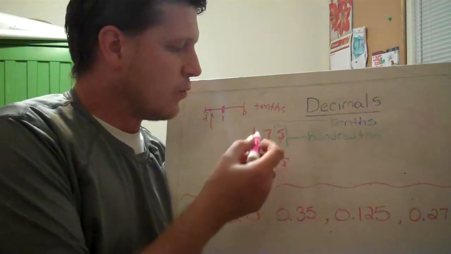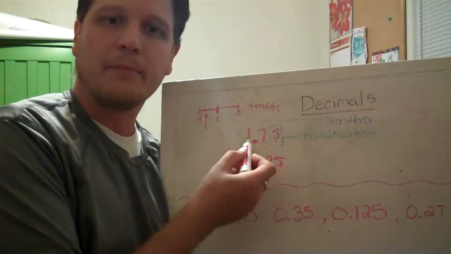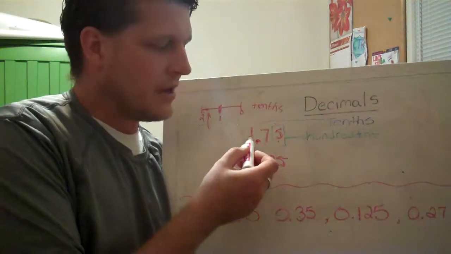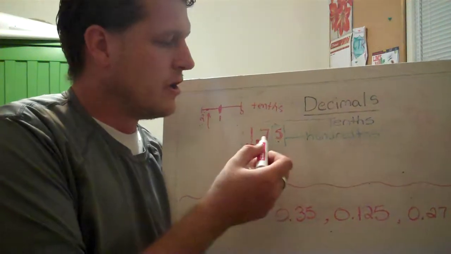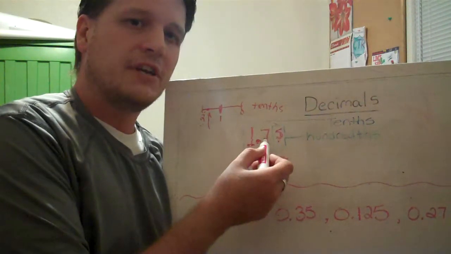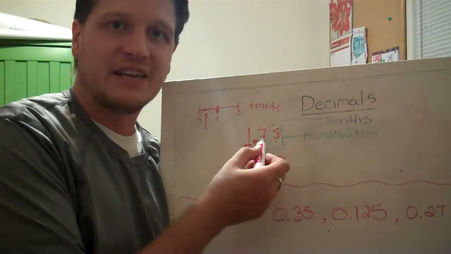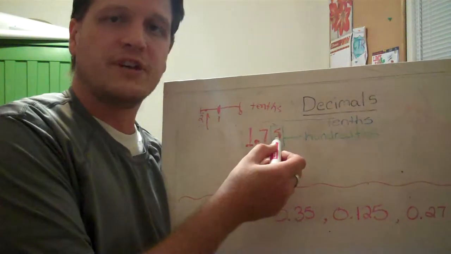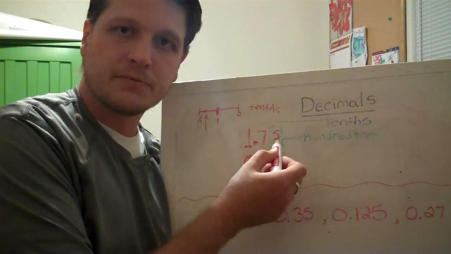Now, the number on the left of the decimal is a 1, and it is in the ones place. When we travel across this little decimal, we have a 7. This 7 is in a special place called the tenths place, okay? And then our 5, two spaces behind the decimal, is in the hundredths place.